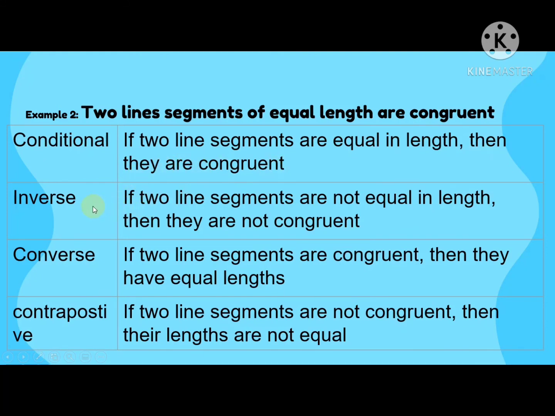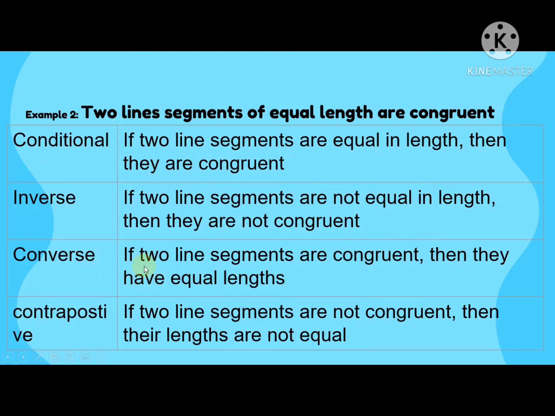Gawin naman natin siyang inverse. Remember, kapag inverse statement, it can be formed by negating the hypothesis and conclusion of the conditional statement. If two line segments are not equal in length, then they are not congruent.